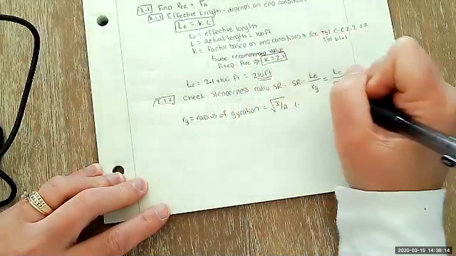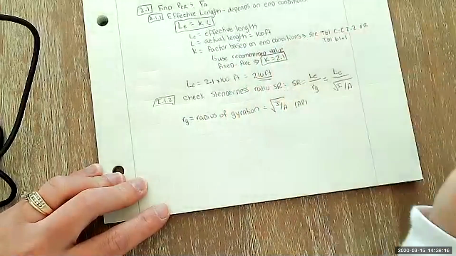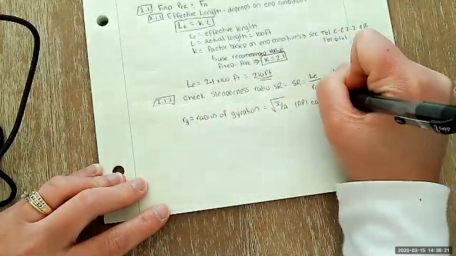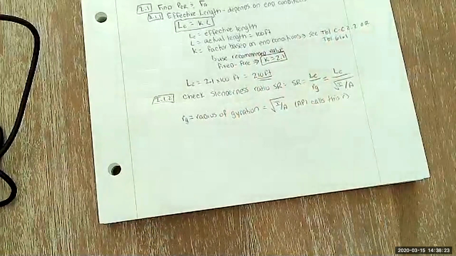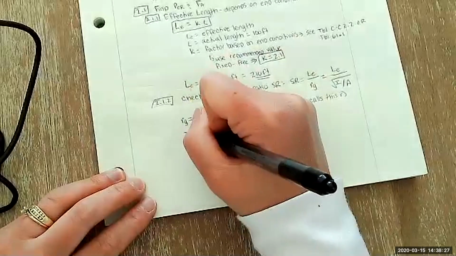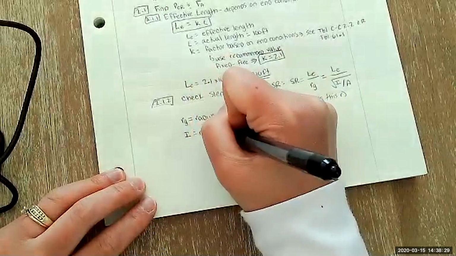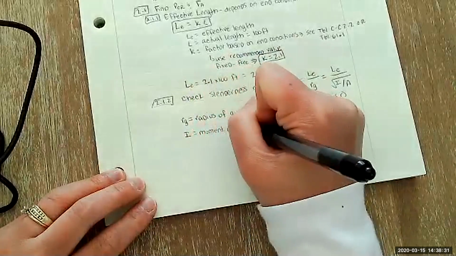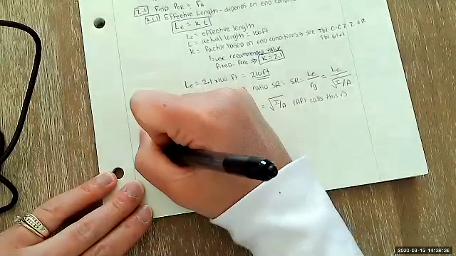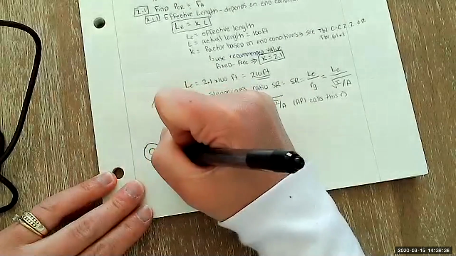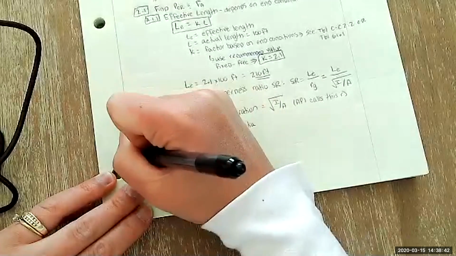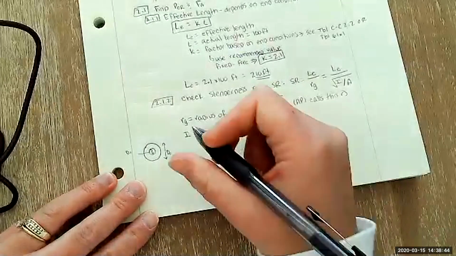Just as a note, the API design guidance calls this R, but I think that R is easy to confuse with radius. And I is our moment of inertia. For a hollow pipe where we have an outer diameter and an inner diameter, we can calculate the moment of inertia.